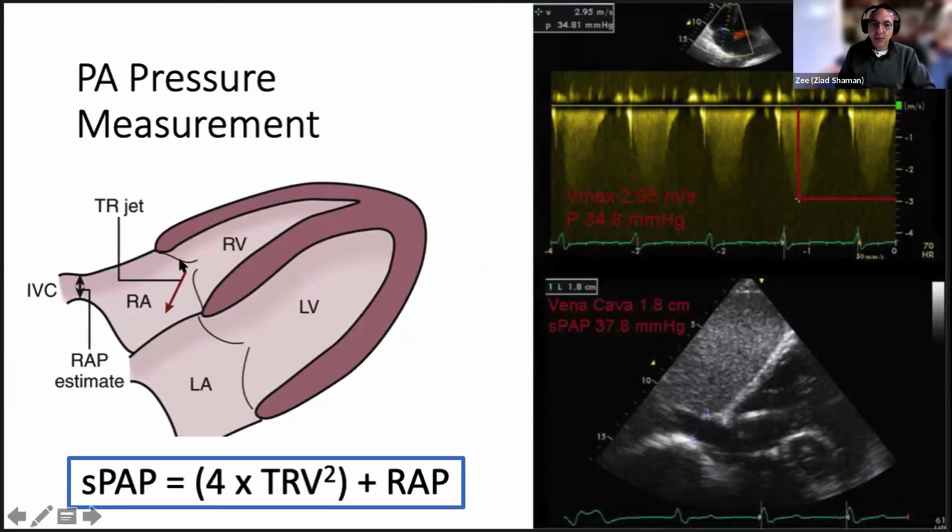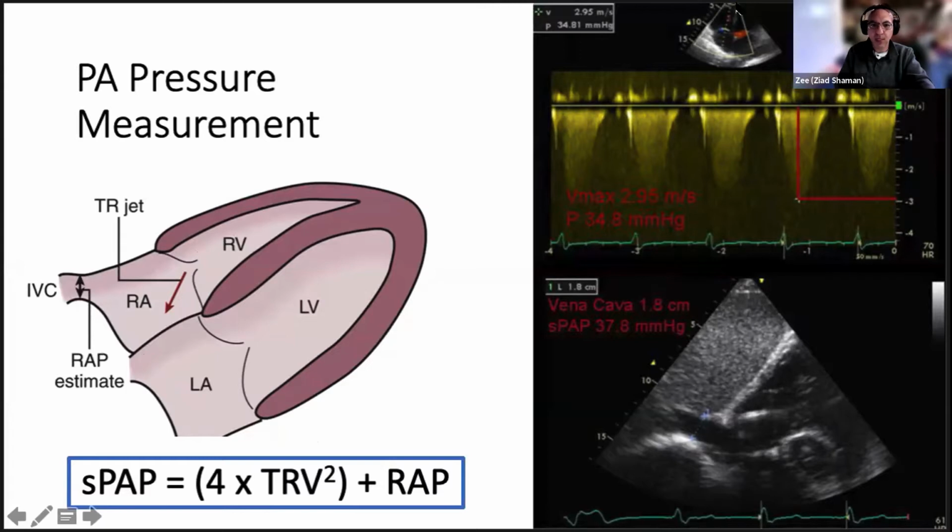You measure flow to get the pressure difference. You add to this your pressure estimate from the inferior vena cava to give you an estimate of the pressure that already existed in the right atrium. You add this to the difference in pressure between the right ventricle and the right atrium, and you get the systolic pulmonary artery pressure. So we're not talking about the mean, we're talking about the systolic.